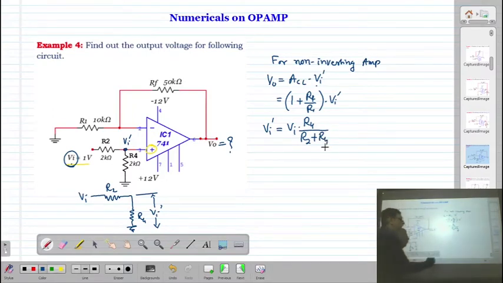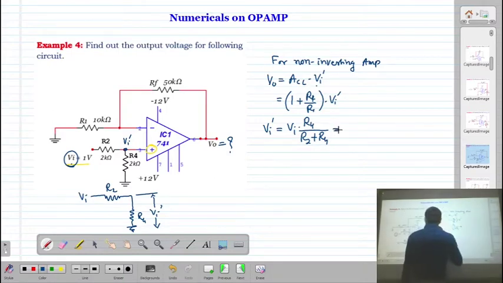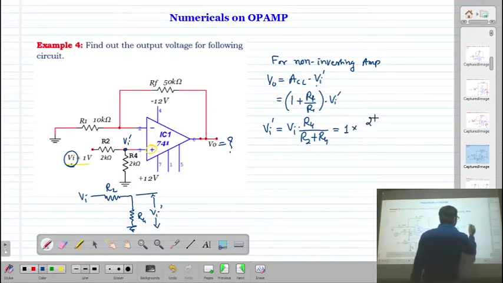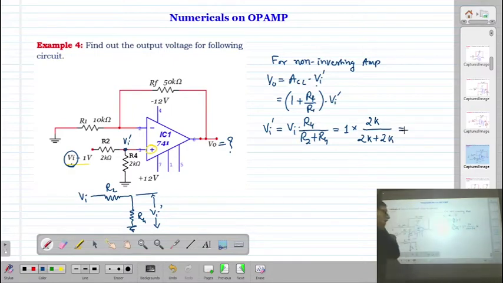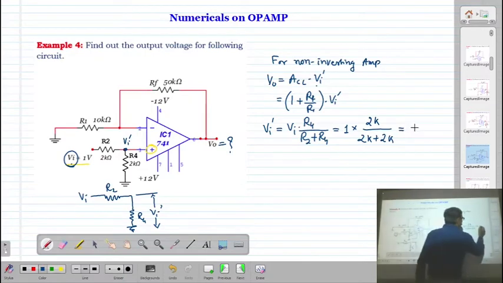So this is equal to my VI, given as 1 volt, multiplied by 2 kilo divided by 2 kilo plus 2 kilo, which comes out to be 2 divided by 4, so 1 by 2, and this voltage will be 0.5 volt.